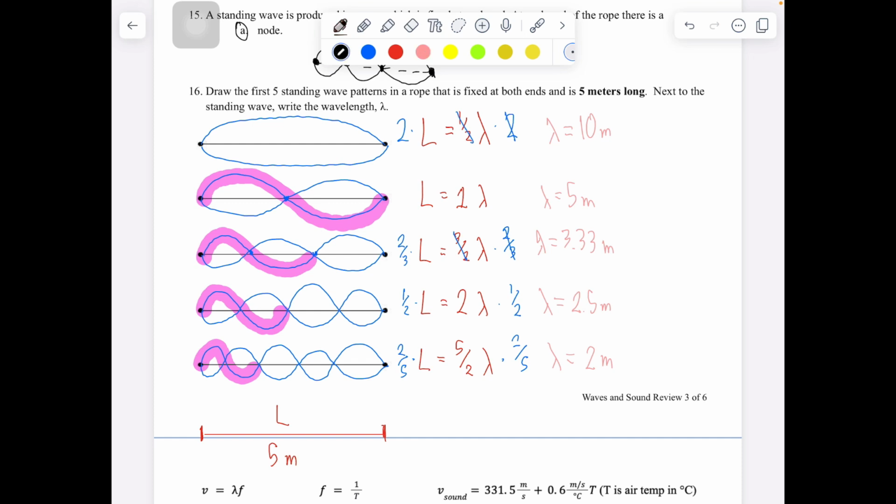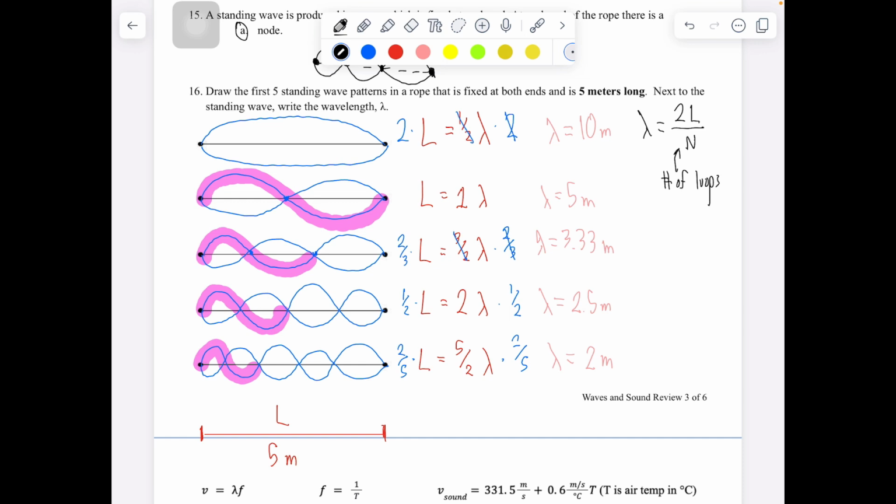Now, in my class, I did teach another equation to solve for the wavelength. That is that the wavelength is 2 times the length of the string, the rope, the tube, whatever the object is, divided by n, where n is your number of loops. Sometimes this is a whole number, sometimes it is not when you're dealing with standing waves in pipes, but this equation will also always work for calculating the wavelength.